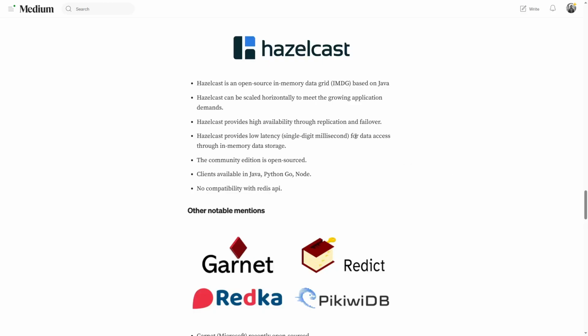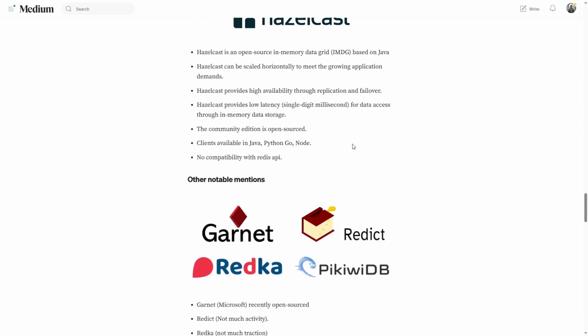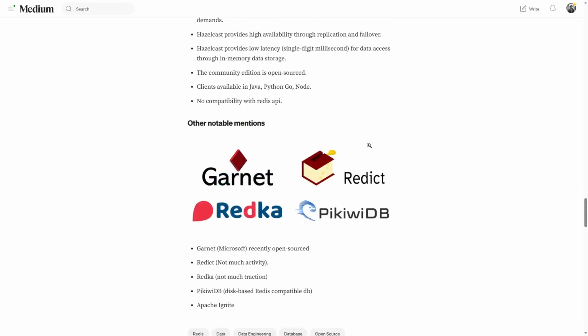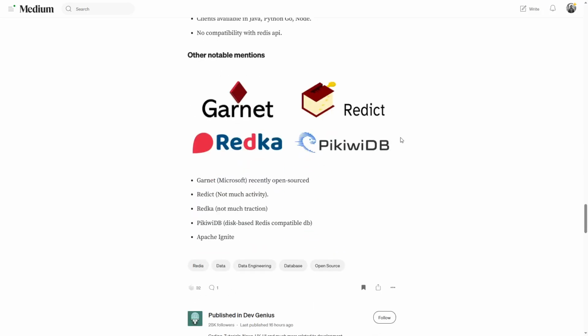The only challenge is that if you are coming from a Redis ecosystem, there is no compatibility with the Redis API, so you will have to rewrite your application to leverage Hazelcast. But it is being used in large companies as well. Pegasystems, a large BPM solution, uses Hazelcast as its in-memory cache grid.